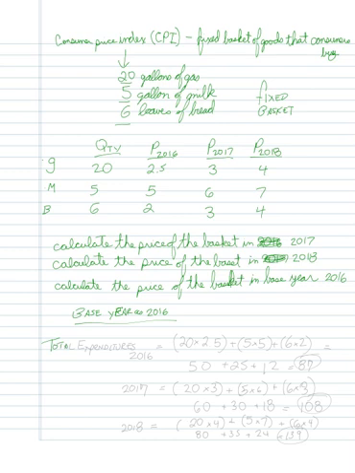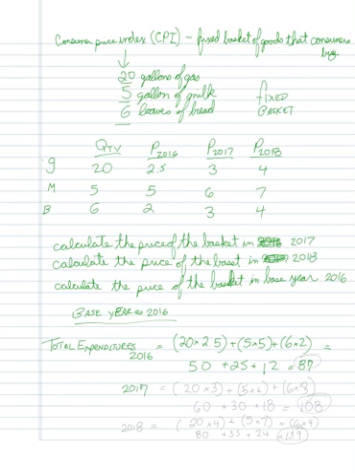So I need to calculate the total expenditures in 2016, which is going to equal 20 times 2.5 plus 5 times 5 plus 6 times 2. Okay, so that's how much my basket cost completely in 2016.